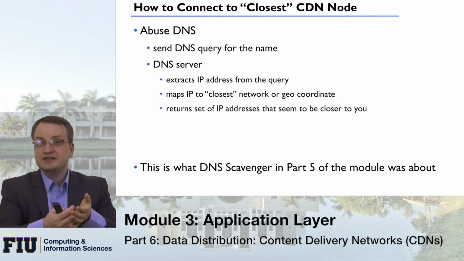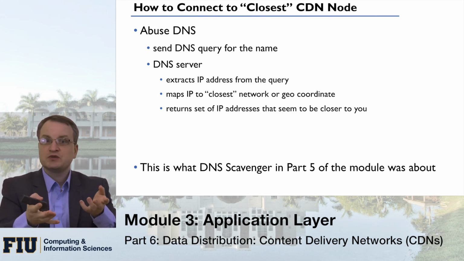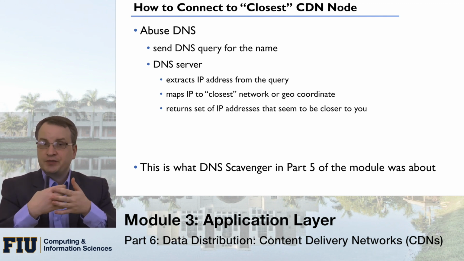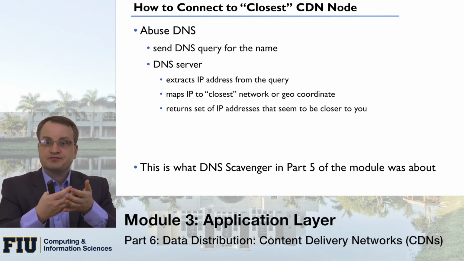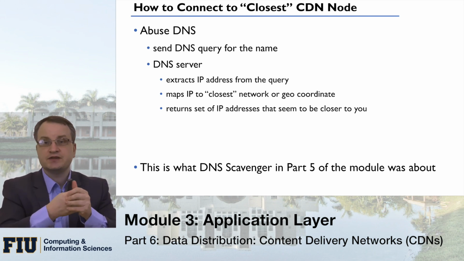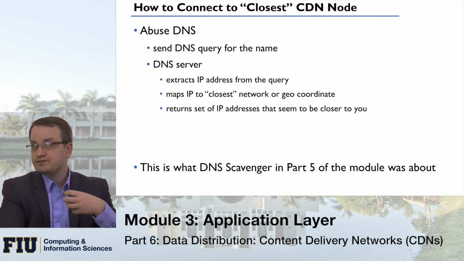They are effectively abusing the DNS service to give you not just one result. If you look up google.com, as I asked you to do in the DNS part, depending on where you are, you will get a different set of IP addresses. When you send a DNS query, or rather your caching resolver sends it on your behalf, the authoritative server that receives the final query will see the source IP address.